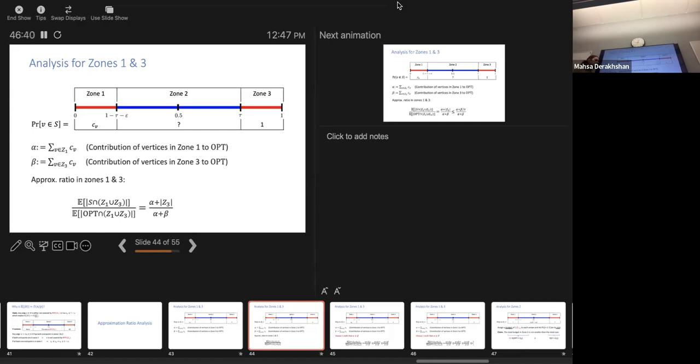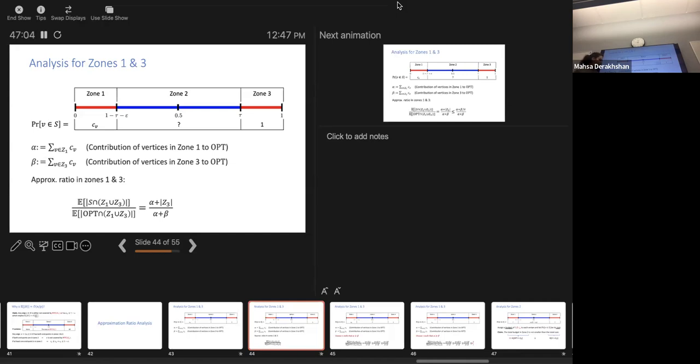Oh, no, sorry. It depends on tau, yeah. Okay, so the intersection of S and Z1 is alpha, right? Because the expected intersection of them, because each one belongs to the optimal solution, so it belongs to S with the same probability. So it's alpha. Now we are taking everything in zone 3.